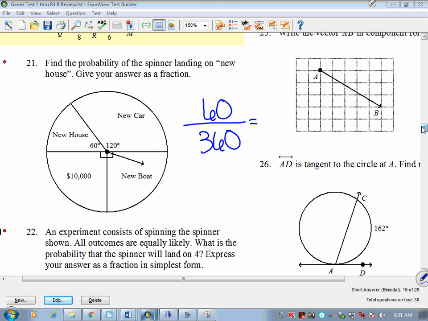As a reduced fraction, what is 60 over 360? 1/6. So I've got a 1 in 6 chance of landing on new house. Now, if that had been percentages, we would have had over 100, 100%. That would have been my total.